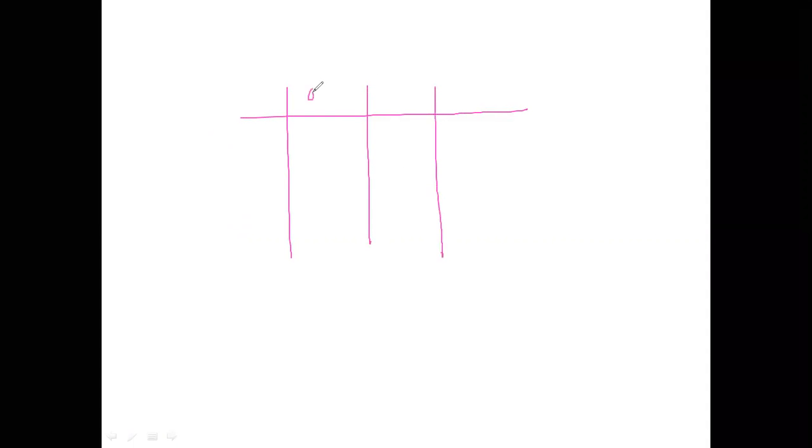We are beginning with A, B. This is for A and this is for B exactly. And here Q naught, then Q1, then Q2, and Q3.